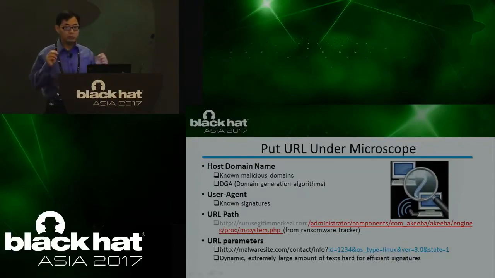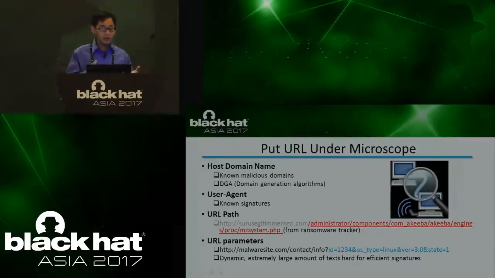So we can achieve very high accuracy in detecting DGA-generated domains, if it's a little bit longer than seven characters, because shorter ones are really hard. User agent is simple, and for the URL path we basically collect some kind of updated blacklist.